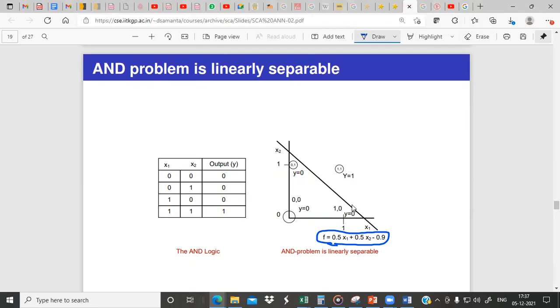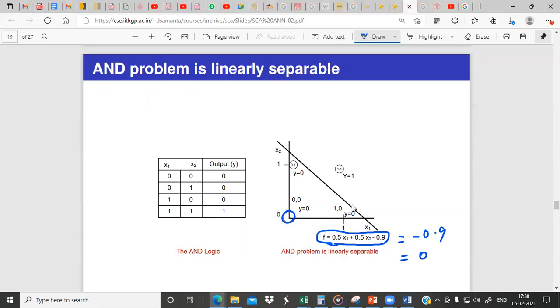So when x1 is 0 and x2 is 0, you are getting minus 0.9, okay? And whenever the output is less than the threshold, the final output is 0, okay? So we got this point. This is one case.